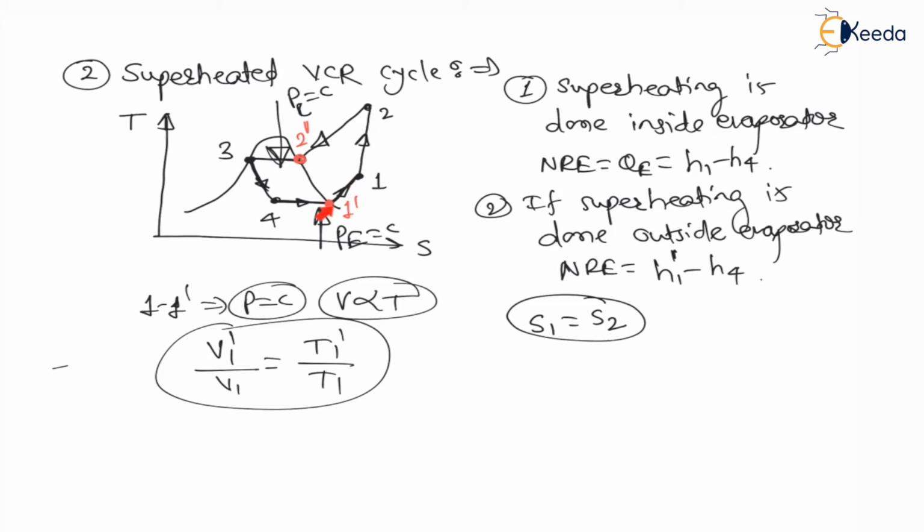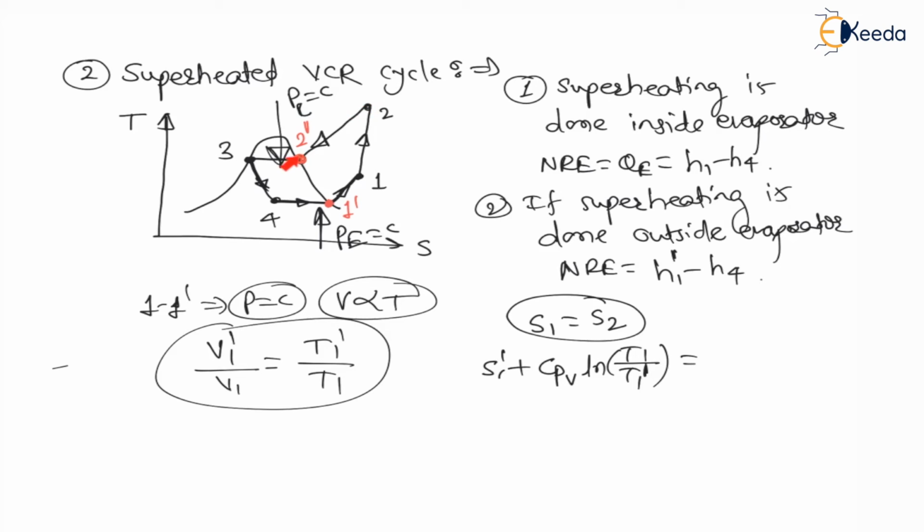Therefore S1 will be S1 dash plus this much, the 1 dash to 1 entropy change. 1 dash to 1 is a constant pressure process in vapor state. Therefore it is S1 dash plus Cp of vapor ln of T1 divided by T1 dash, which is equal to S2.